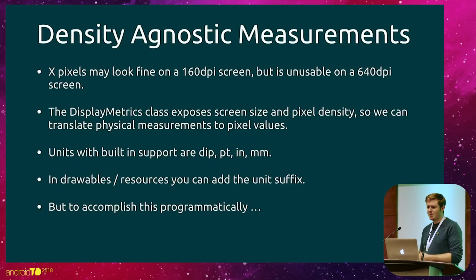Built-in conversion comes in your XML resources in the form of points, dip (density independent pixels), inches or millimeters. This allows you to convert a physical size unit to its pixel equivalent. In your XML, you simply put the unit suffix on the end of your value, and this is converted under the hood.